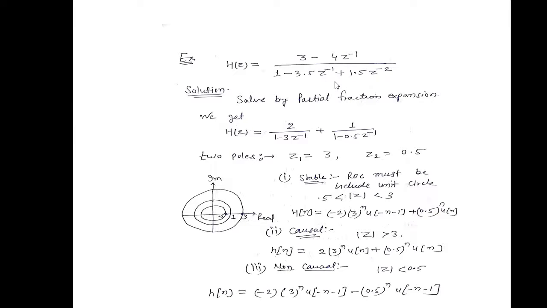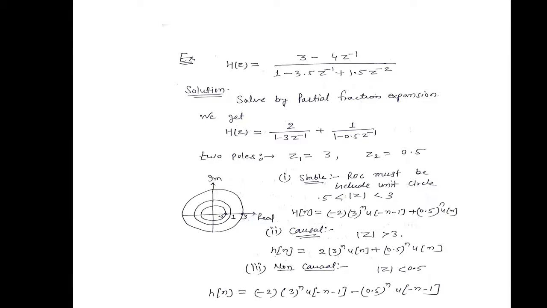In the third case, H(z) is given like this, so we can solve it by partial fraction expansion. Again, H(z) equals 2 upon this one, 1 upon this one. We can calculate this A and this B by the partial fraction expansion, and you all know about partial fraction expansion.